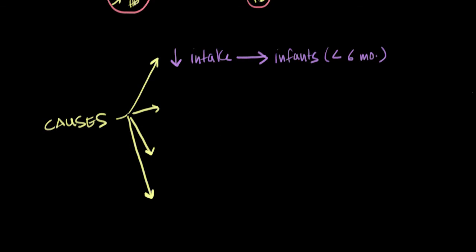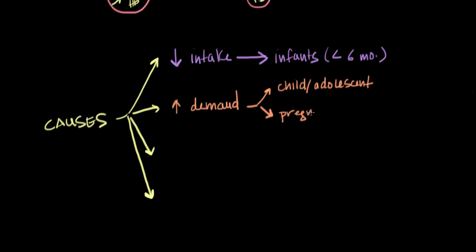All right? So another cause of iron deficiency is an increase in the body's demand of iron. And really, you'll see this in one of 2 types of patients. The first type of patient is either a child or an adolescent. The second type of patient you'll see this in is a pregnant woman.